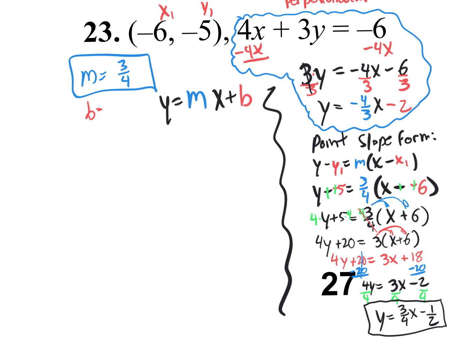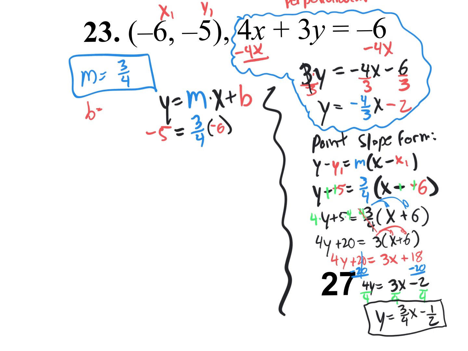So you could have just plugged in the y value of -5 right there where the y is at. You could have brought down the equal sign, plugged in the m value that we acquired, 3/4, right there where the m is at, and then multiplied it by x, and the x value happens to be -6. And you could put the plus b.